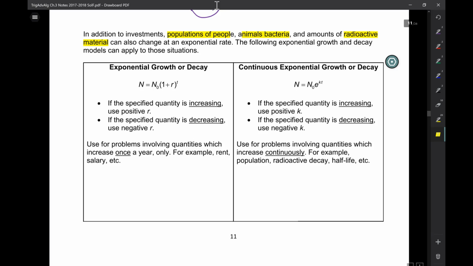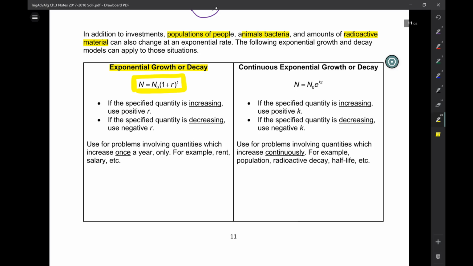So, exponential growth or decay, this is the formula. This is actually like the original formula. Okay, like this is the OG formula. Everything else is a derivative of this. Here's what you need to watch out for.